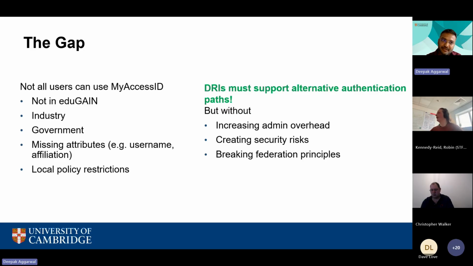We have been doing that by managing the local accounts ourselves as a service provider, but this creates increasing admin overhead. There are security risks if someone's email is compromised, and it basically breaks the federation principles as well.